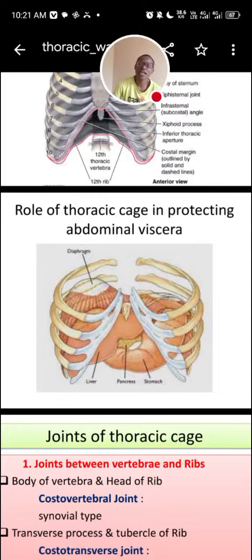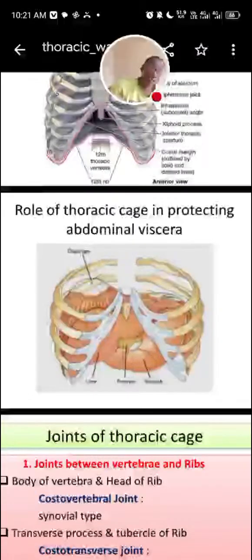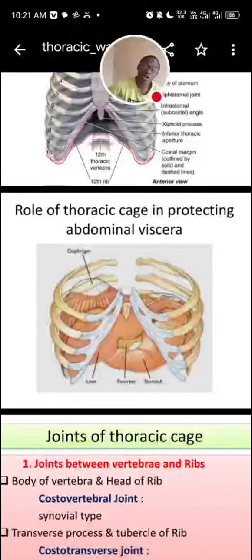The T is the 12th thoracic vertebra. So the L will be the first lumbar vertebra. Those are the structures that pass through the thorax inferiorly. So we call it the inferior thoracic aperture or thoracic outlet.